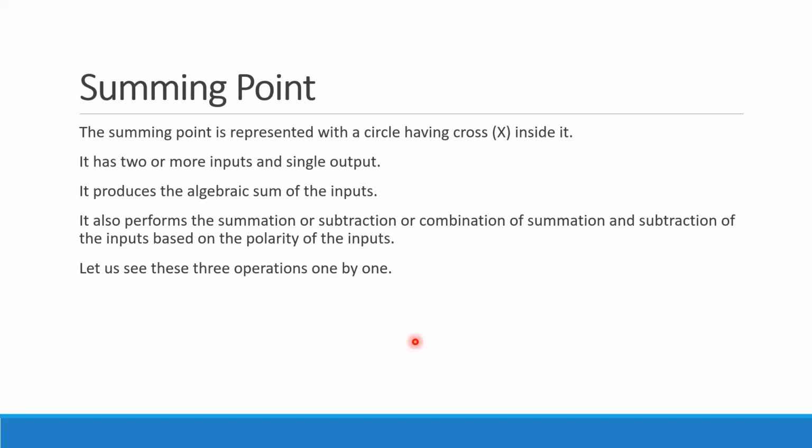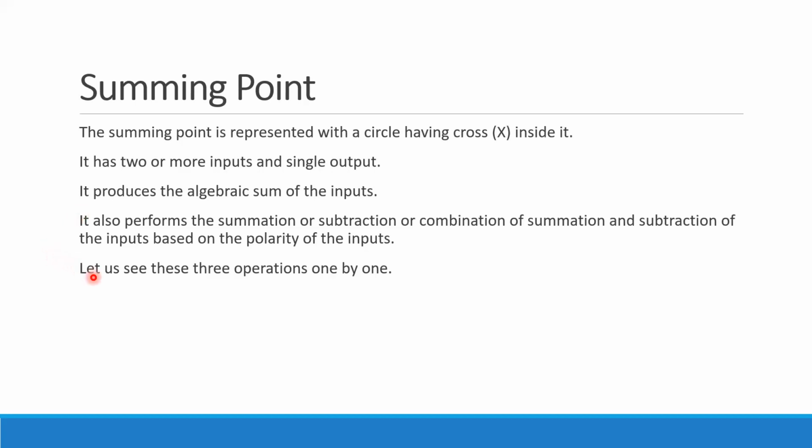That means 1 plus 2 plus 3 will be our output at that summing point, which equals 6. So based on the symbols plus or minus, you can calculate the output of the summing point. It produces the algebraic sum of the inputs.